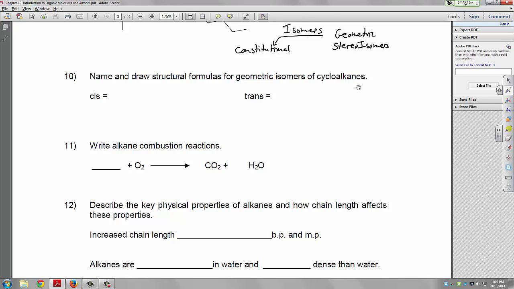Let me give you an example of constitutional isomers. Let me draw. This is going to be a cyclohexane. I'm going to draw it slightly differently than what you saw before. We're going to kind of draw it edge on. So this edge that I made a little bit thicker here is kind of coming out of the screen at us. Okay, so I'll draw another one here.